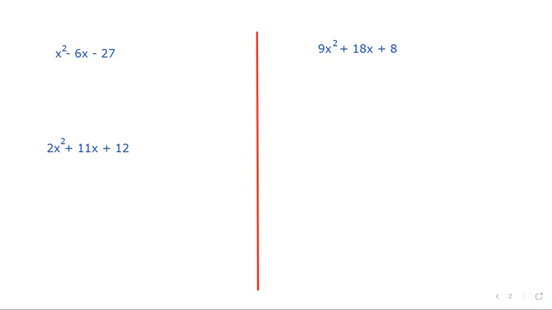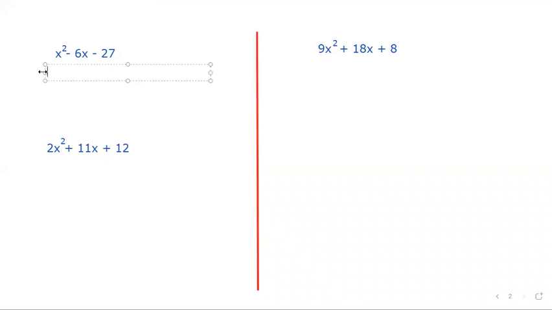So traditionally, when we factor, for instance, we would have x squared minus 6x minus 27. Our goal is to find two numbers whose product will give us negative 27, but whose sum will give us negative 6.